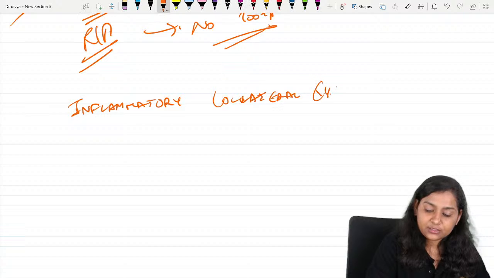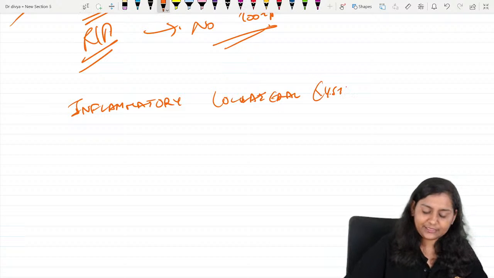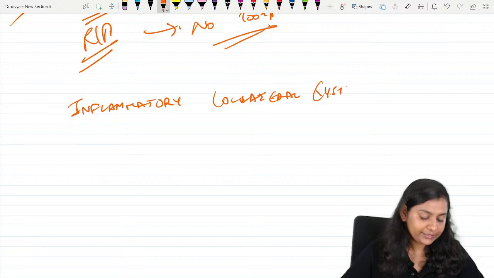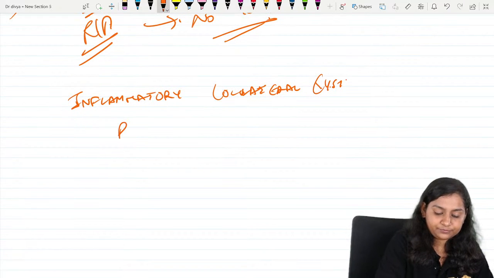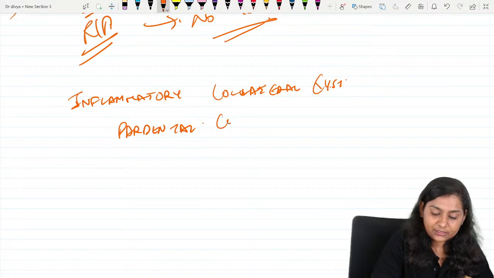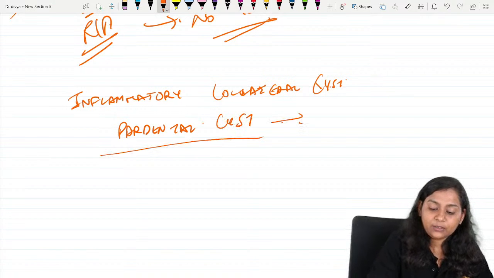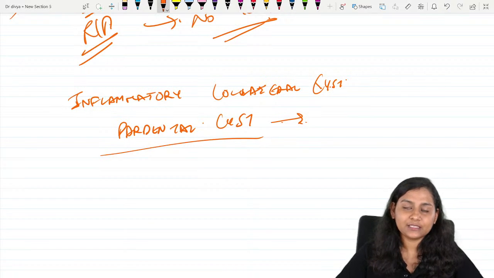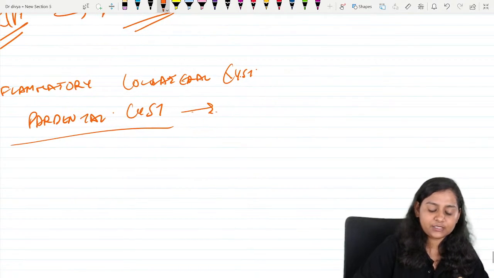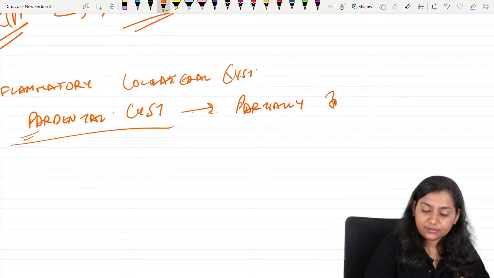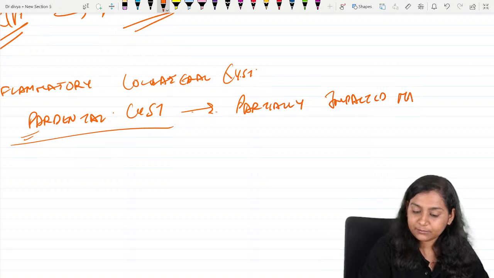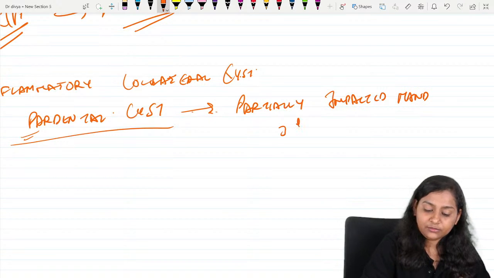Inflammatory collateral cyst. Now WHO 2017 classified the inflammatory collateral cyst into the paradental cyst and buccal bifurcation cyst. Paradental cyst is associated with a partially impacted mandibular third molar.